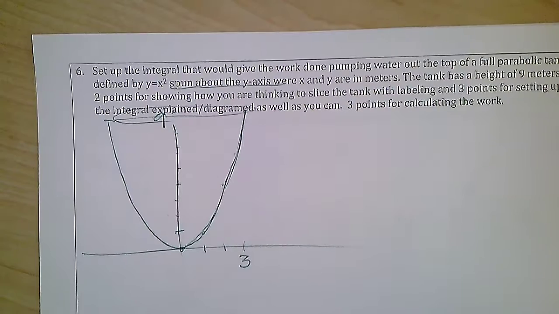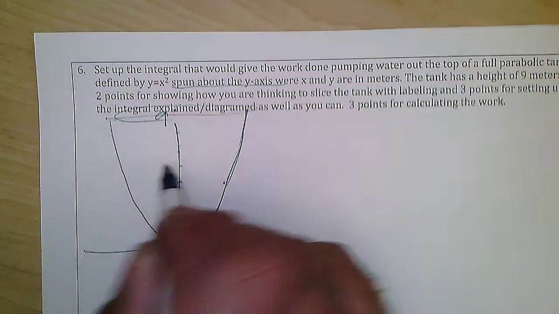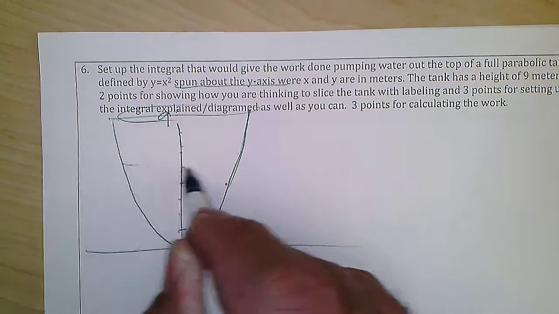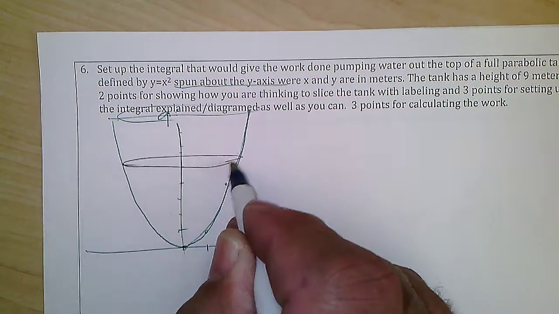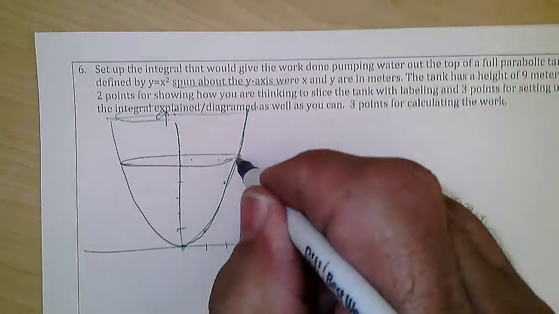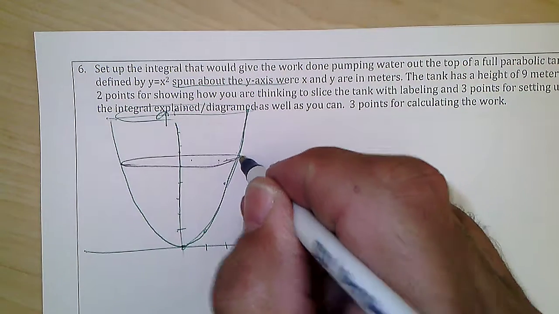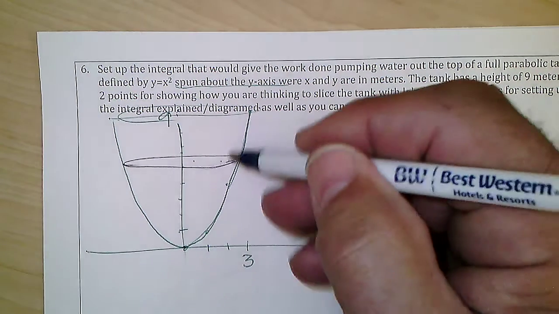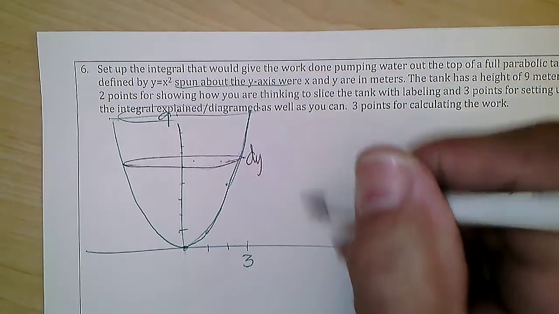Now we're going to lift water out of this. So the water, we want to slice it this way so that we're lifting all the water of the slice to the same height. So if I slice it this way, making a disc, it's going to be up and down dy thick.